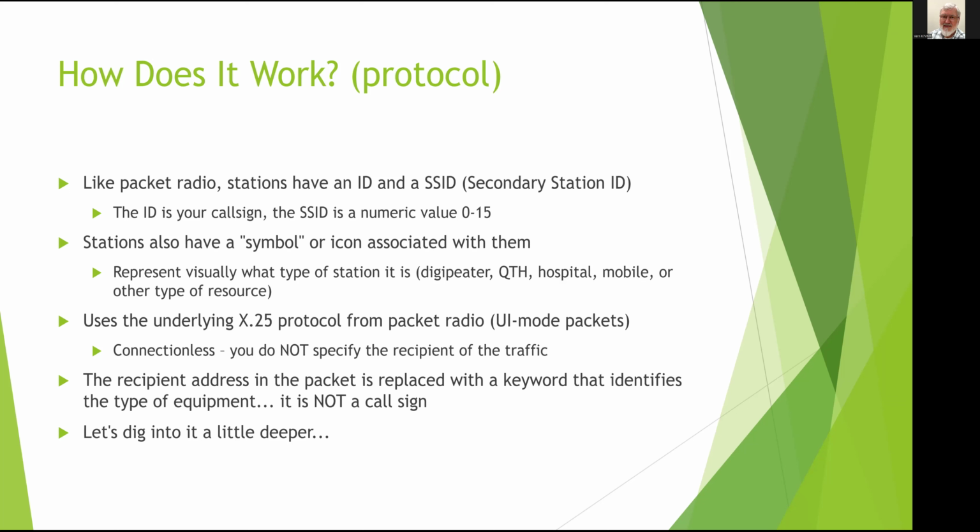255 packet. Like a broadcast packet in the network world. It's connectionless. You don't specify the recipient. The recipient address in the packet, because remember, we're using a packet radio protocol, so it still has to look like a packet radio packet, but the recipient address in the packet is replaced with a keyword that identifies typically the type of equipment.